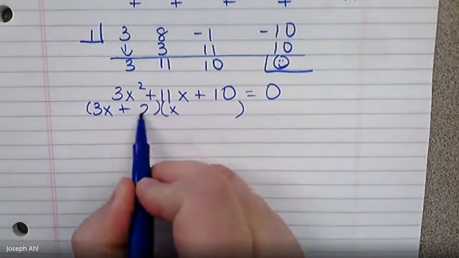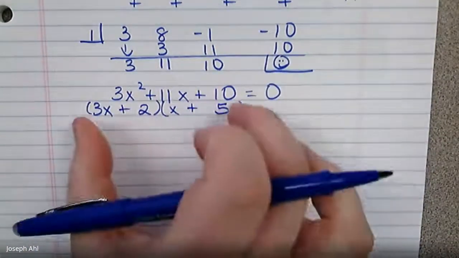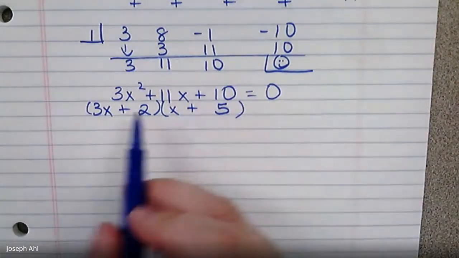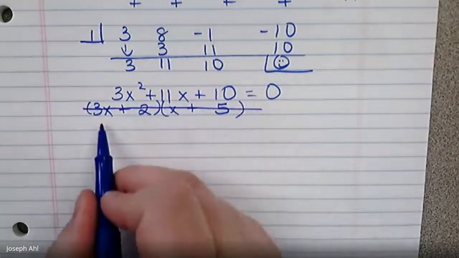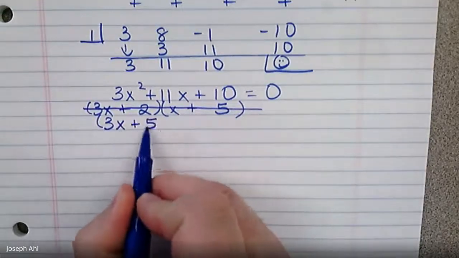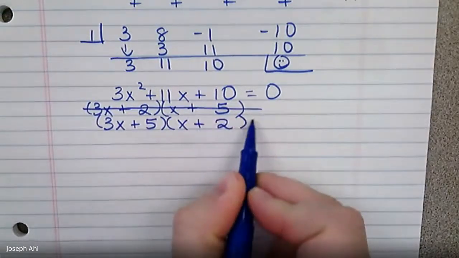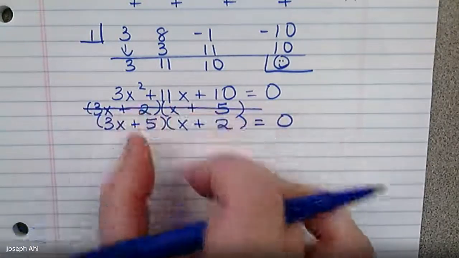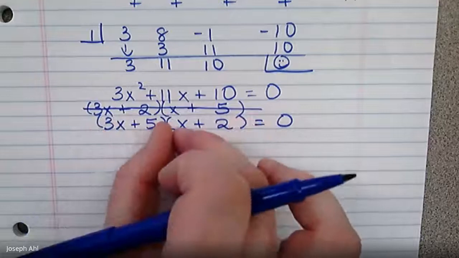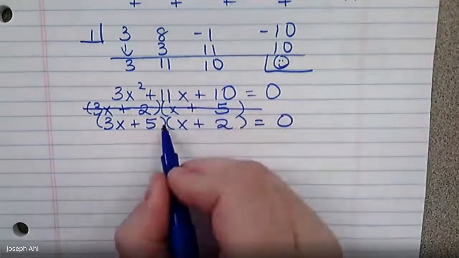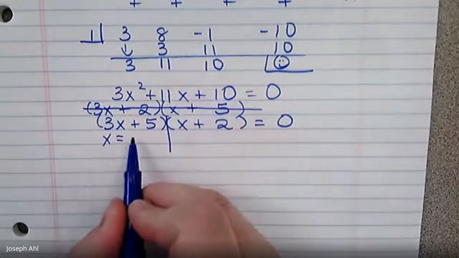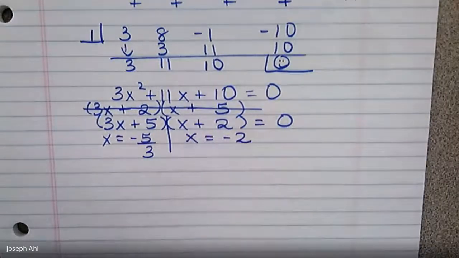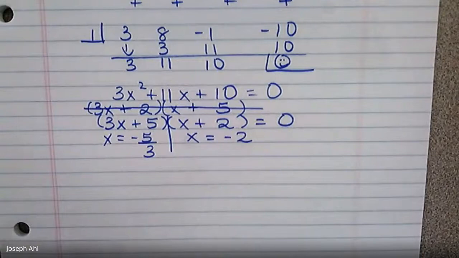If I put plus 5 here and plus 2 there, that didn't work, right? Because it was 15x plus 2x, which is 17x. Here it's 6x plus 5x, which is the 11x. So I did that on purpose to show you that it's not so scary when you make a wrong guess at factoring.